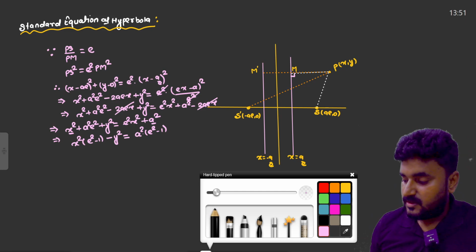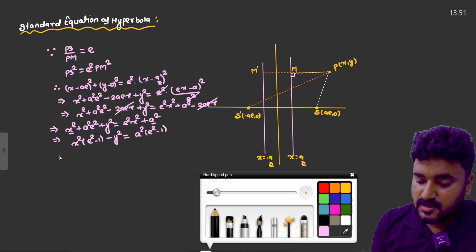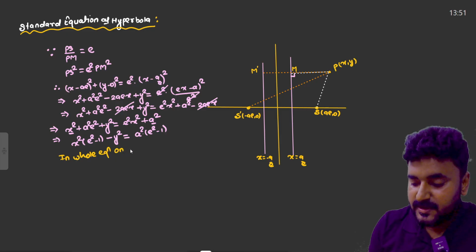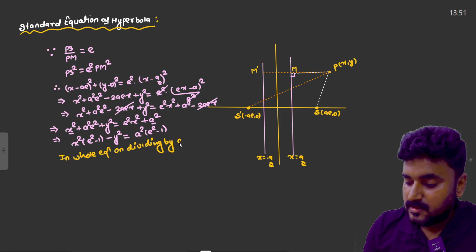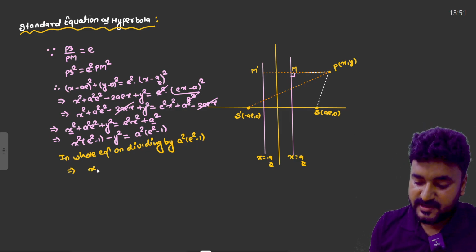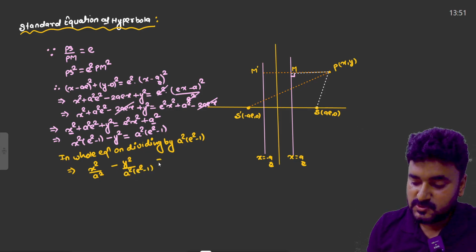After that I am going to do what? In the whole equation, on dividing by A square into (E square minus 1). Okay. So once we divide, we will get x square by A square minus y square by A square into (E square minus 1) is equal to 1.